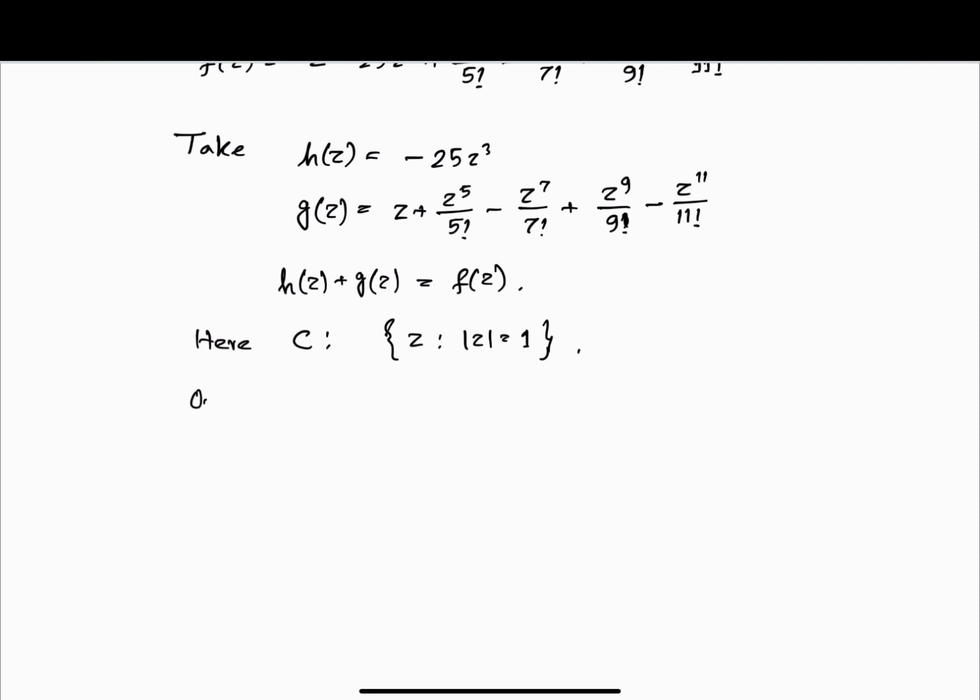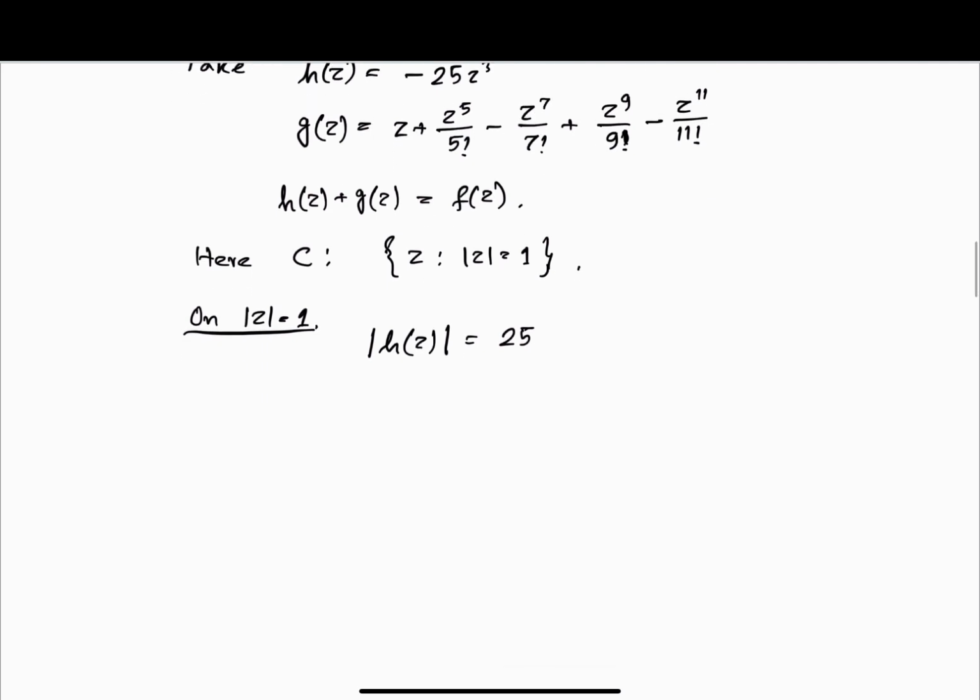So on C, that is on mod z equals 1, what is h(z)? Mod of h(z) is basically 25, and mod z cube is 1, so 25, right? On mod z equals 1.